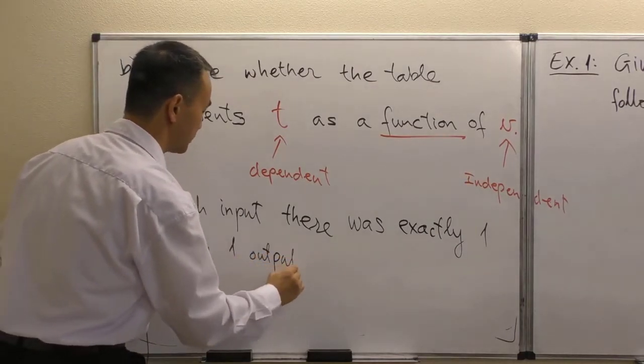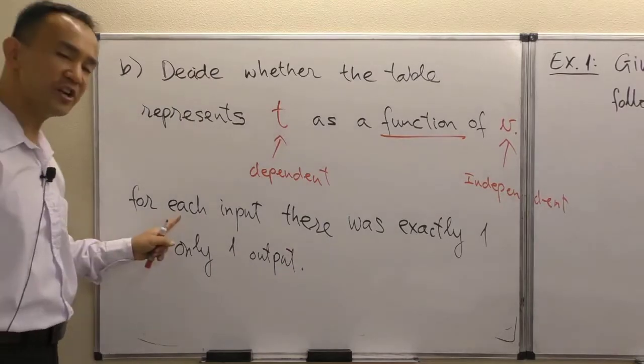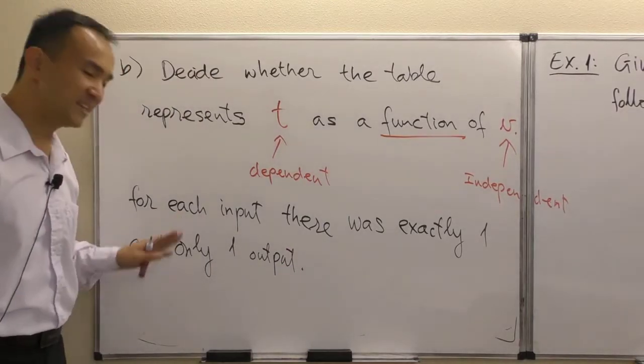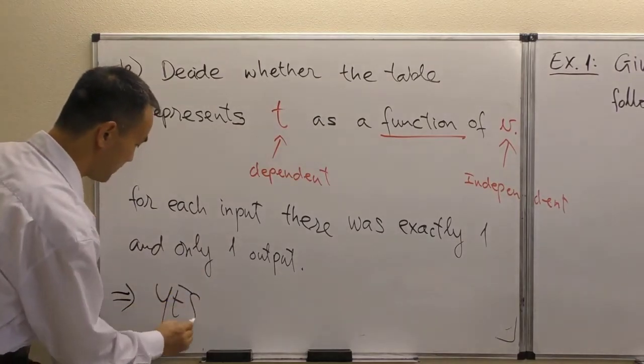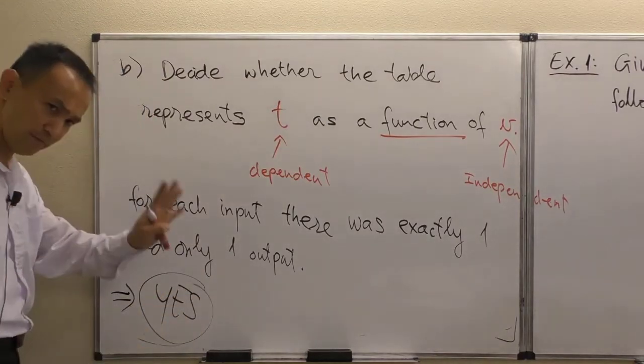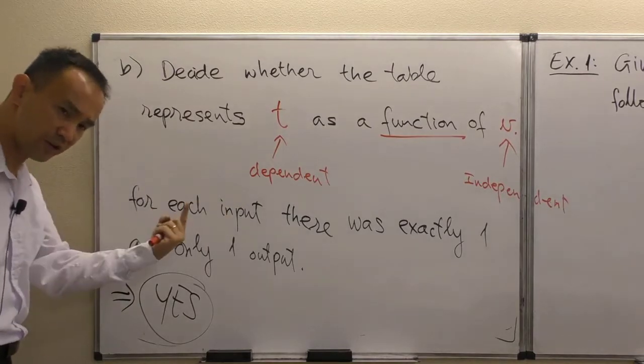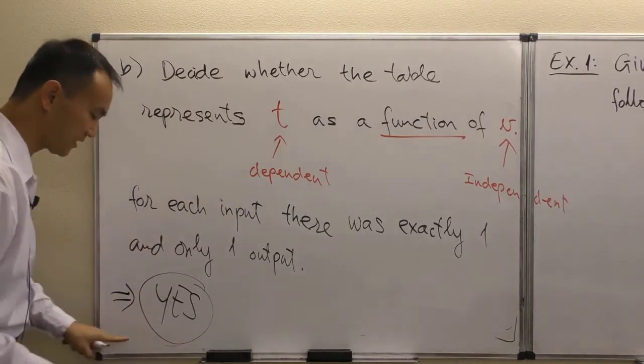That was the main observation for each input that we found. And this is the reason why, looking at the same table, we're looking at the rule in the reverse way. The same table, but yes, it's a function, okay?